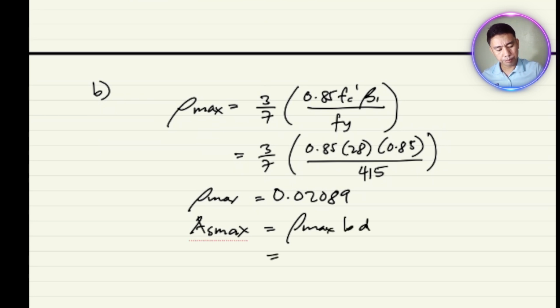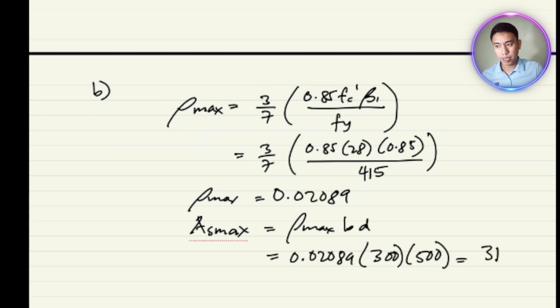This is 0.02089. Okay, and we have 300 by 500. This is 3.5 mm squared. Okay, that's very simple.